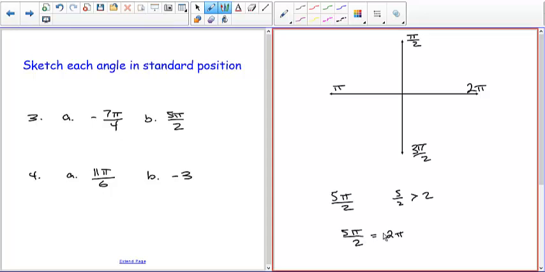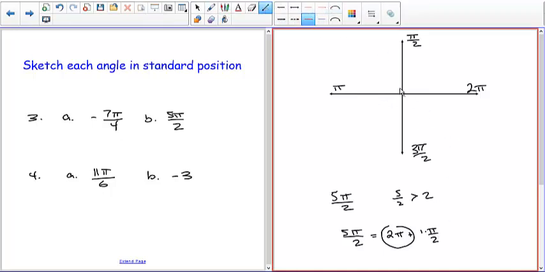So 4 pi over 2 is 2 pi, and then you add 1 pi over 2. So 2 pi is 4 pi over 2, and 4 pi over 2 plus 1 pi over 2 is 5 pi over 2. So this part brings us back, counterclockwise back to here, and then we go another turn.